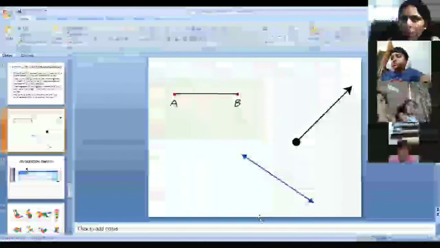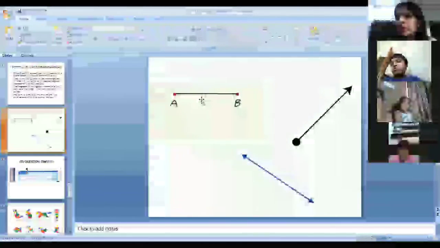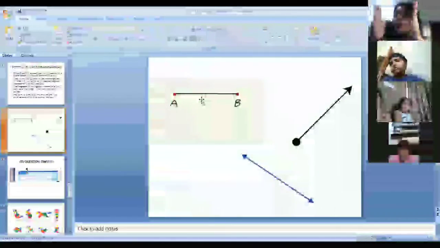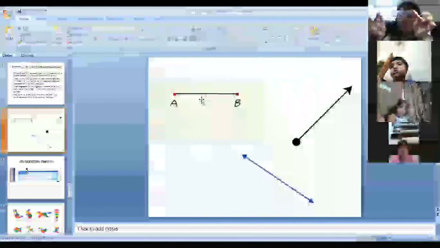But what is a line segment? This is a line segment, children. A line segment is a part of line which has got a definite length. Like you can see here, this scale. It has got a fixed length.